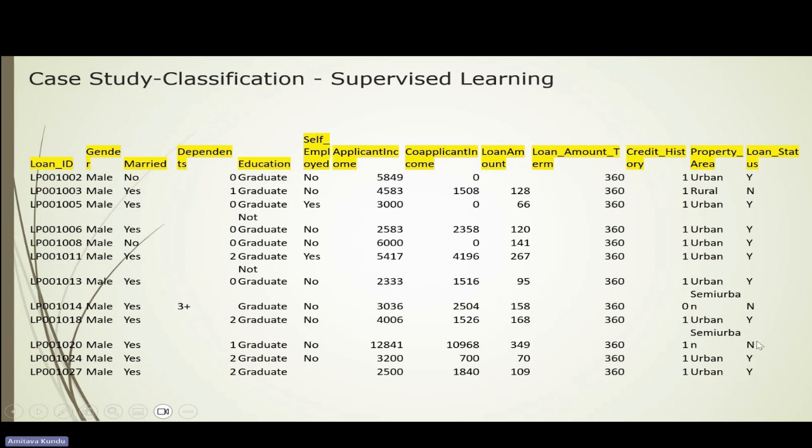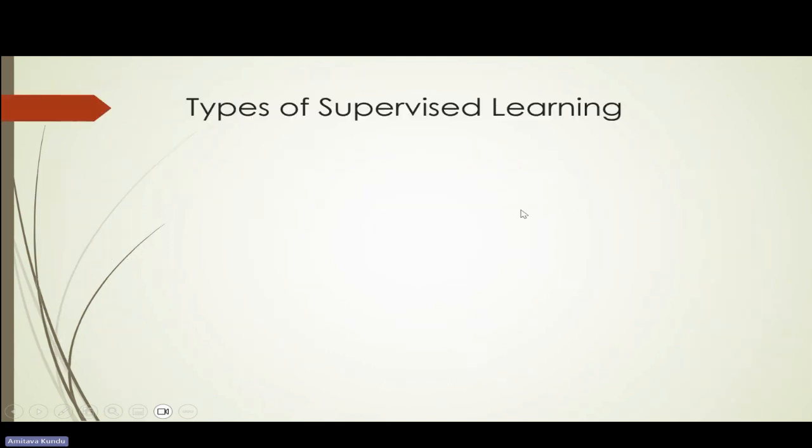So you're getting an answer with 0 and 1 or true or false, right? This type of supervised learning, where you predict in 0 and 1 or true or false, is called classification.